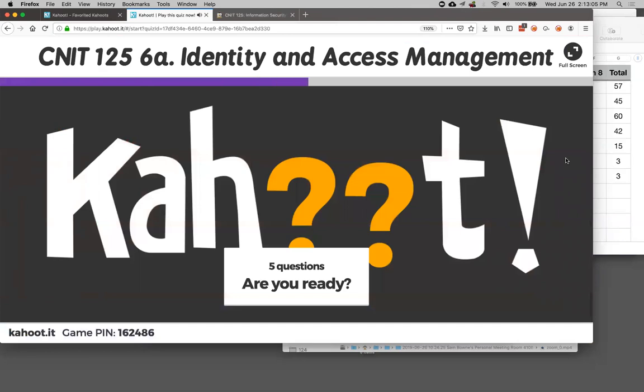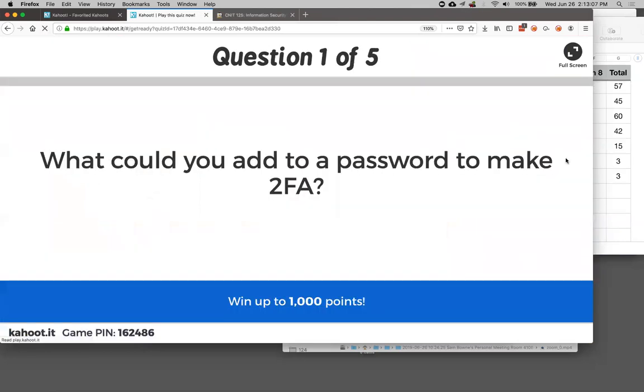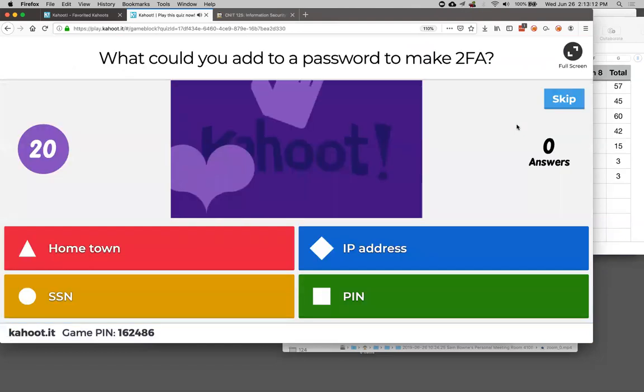All right. So what would you add to a password to make two-factor authentication?